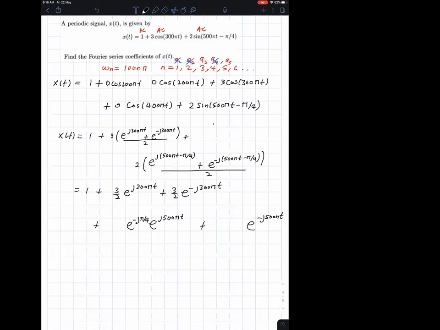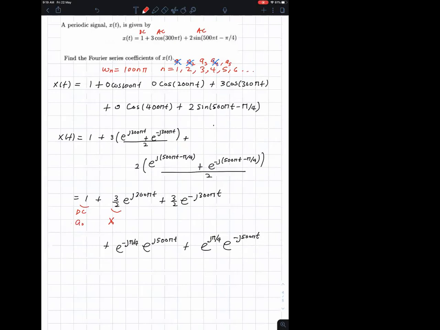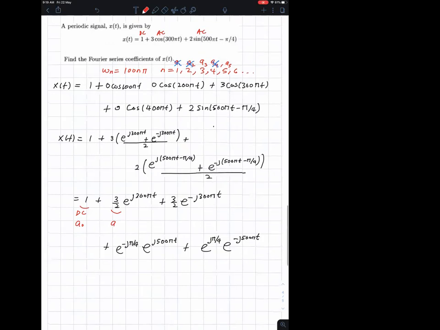The phase part on the other side is e to the j pi over 4. A naught, sorry, A, what should be the subscript here? Come here and see what should be the subscript.